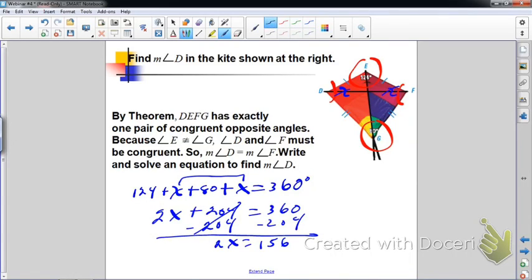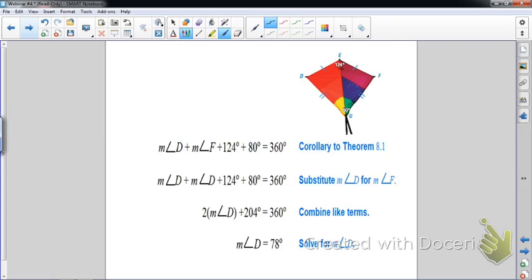And I use the division property of equality, where I get to divide by 2, and I get that x turns out to be 78 degrees. Okay, so angle D is 78, and angle F is also going to be 78.